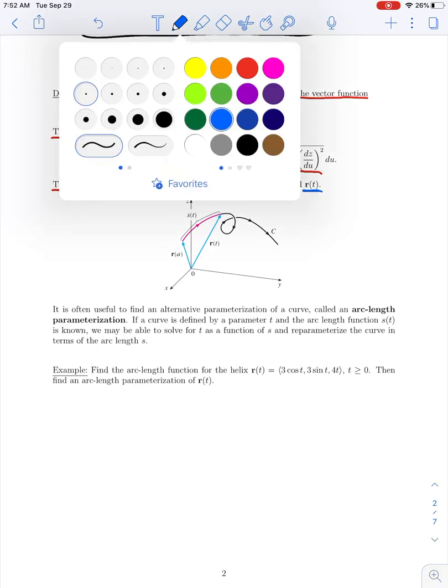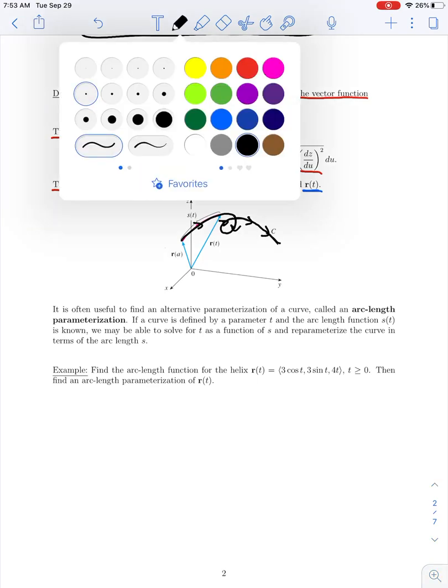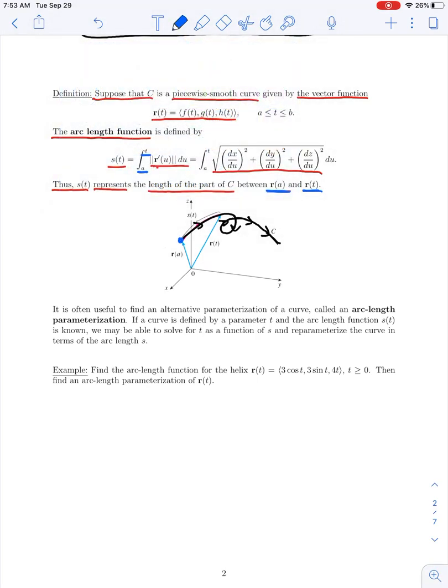So to illustrate this, let's say we have this space curve C, looks something like this, indicating our orientation with these direction arrows. And we're looking at the part of this curve that starts from r of a. So when our variable t was equal to a, we have some initial point on our curve defined by this position vector.